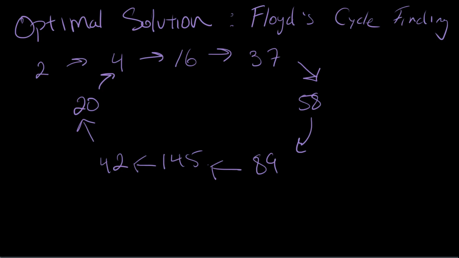So if we begin with taking our hare, which I'll denote with H, taking 2 steps, so going 4 to 16 and then to 37, then our hare would be here and our tortoise would start here. Well, this is after 1 step. I'm sorry. So let me show. The tortoise starts here and the hare starts here. The hare moves twice to here, and then the tortoise moves once to here.